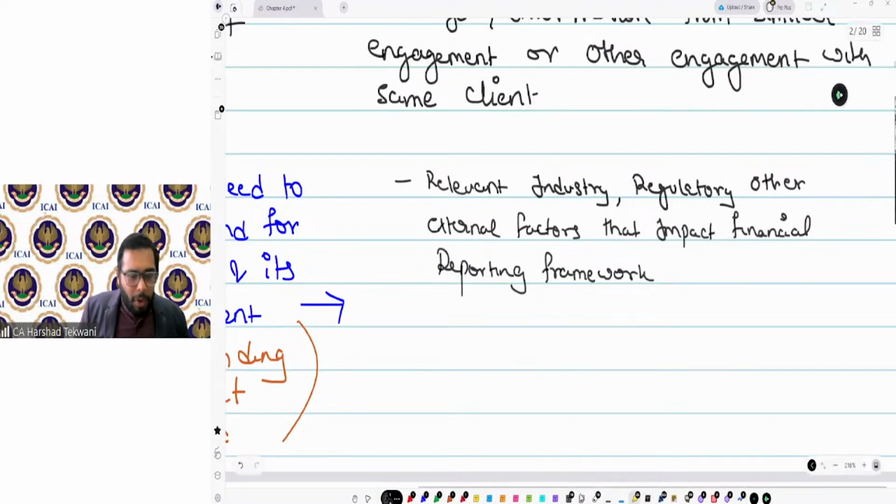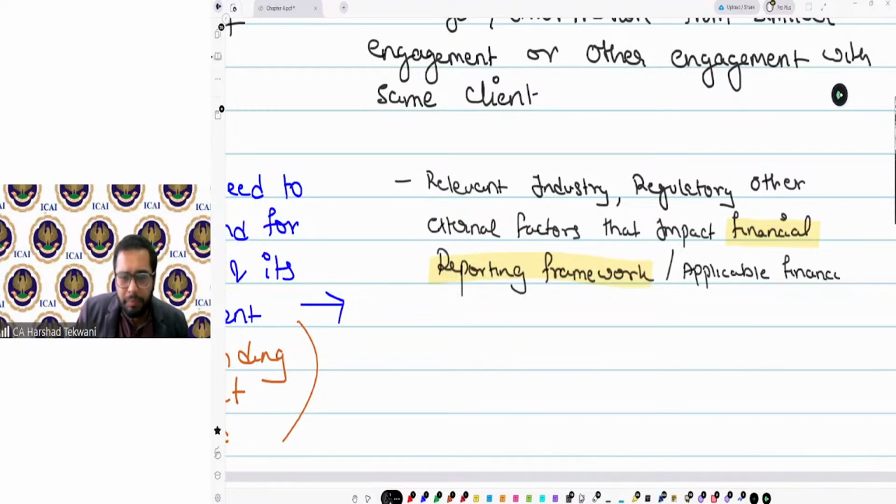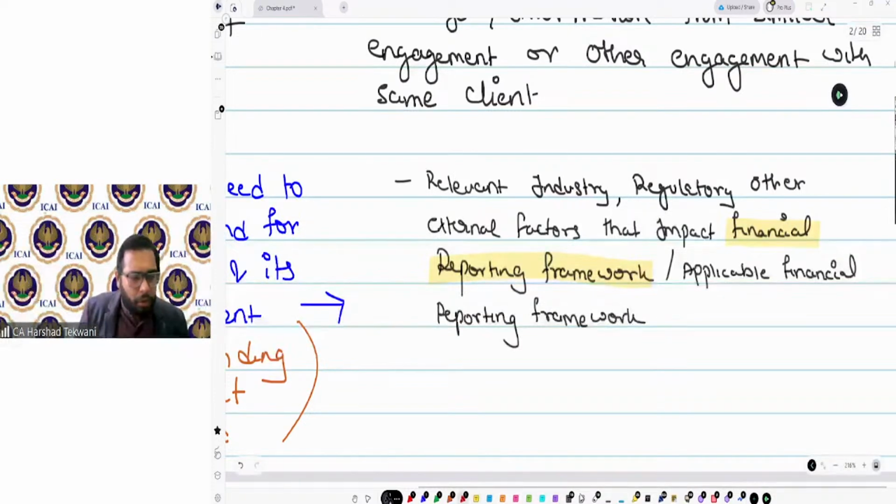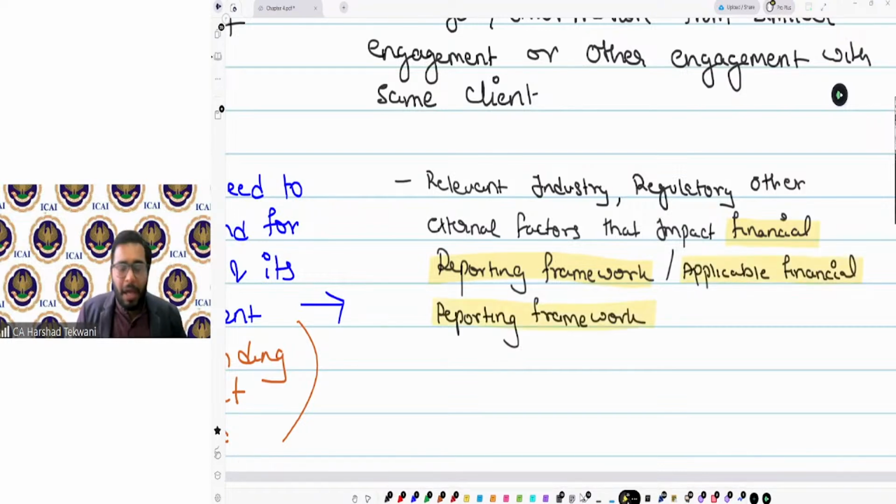One important point I want to highlight here is, when I use this term financial reporting framework, or alternatively we also say applicable financial reporting framework, we all know that we are talking about how the financial statements will be prepared, in terms of IFRS, Schedule 3 and all those requirements.